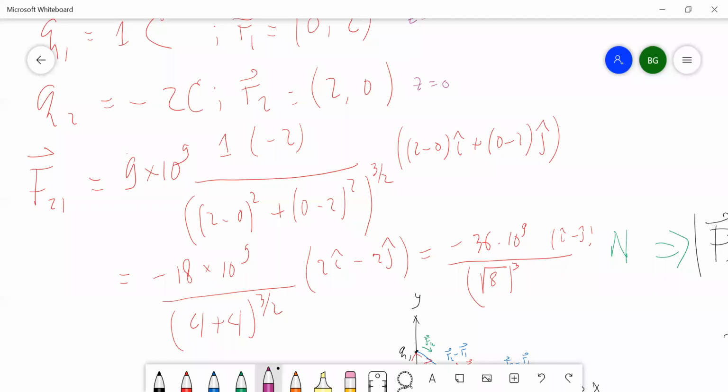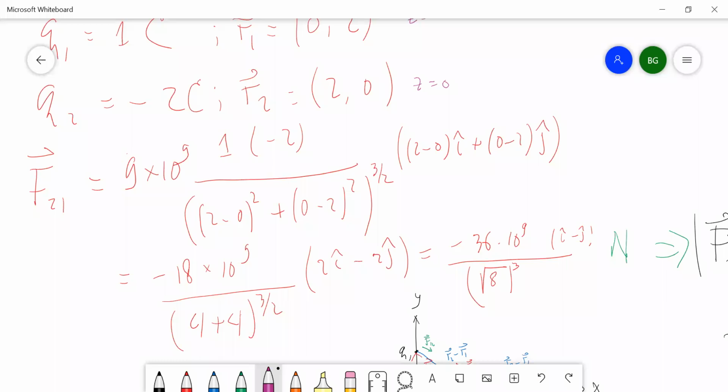Q1 is 1 Coulomb, Q2 is minus 2 Coulomb, over the length of the difference between R2 and R1, times the difference between R2 and R1.